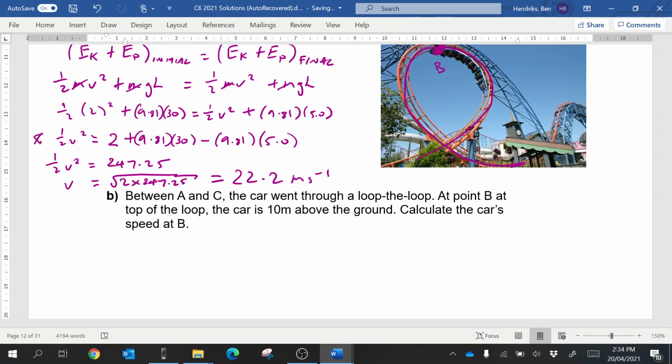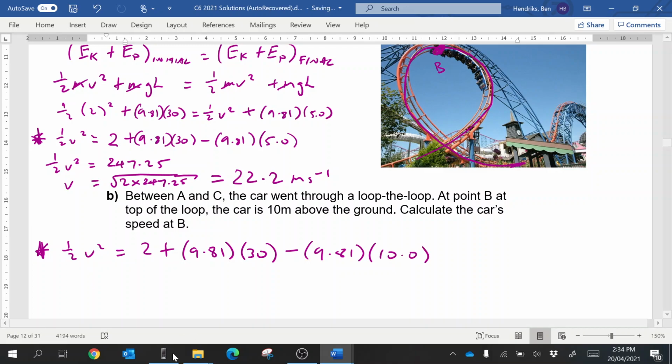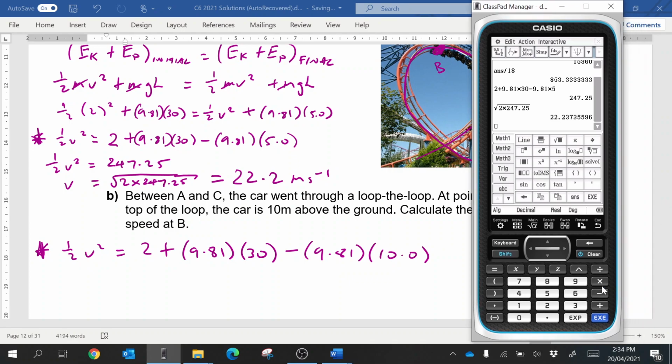So half v squared is equal to 2 plus 9.81 times 30 minus 9.81 times 10. Let's put that into the calculator. I'm just going to copy it from down here, being quite lazy, and you've got 10 instead.